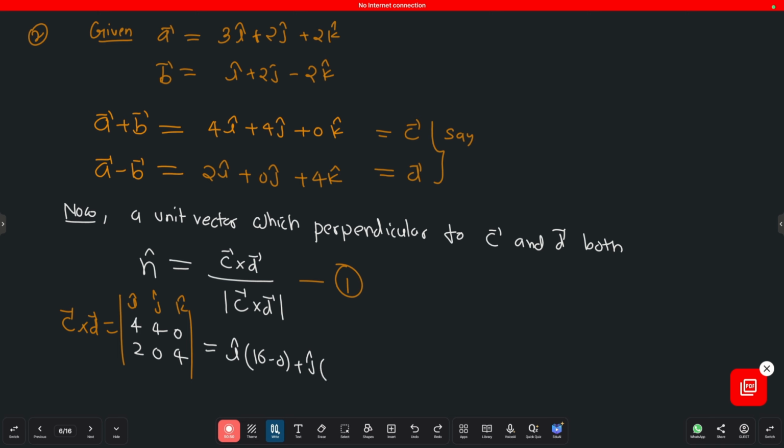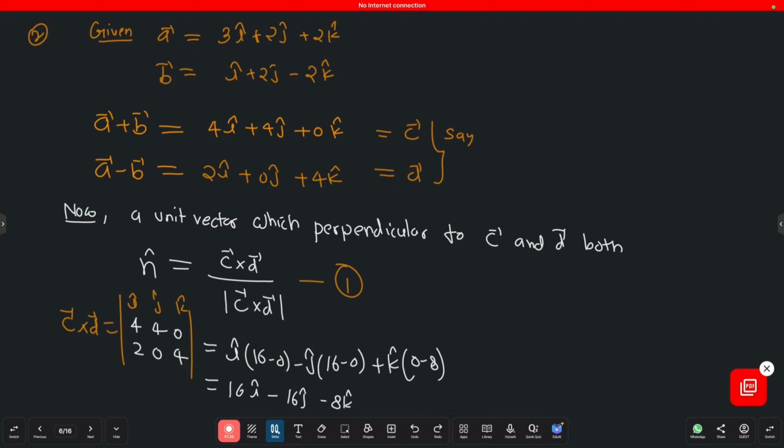Then j cap with a minus sign: 4 into 4 again, 16 minus 0. Second row, second column cancel. First row, third column cancel. For k: 0 into 4, 0, minus 8. So the answer is 16 i cap and minus 16 j cap and minus 8 k cap.